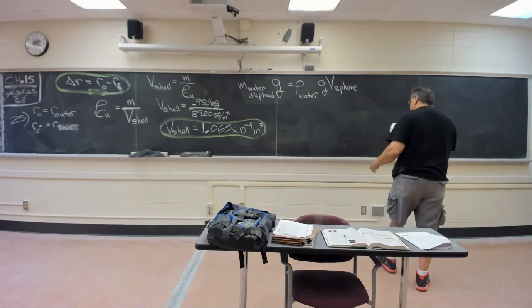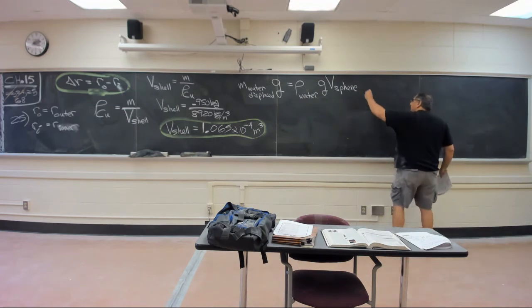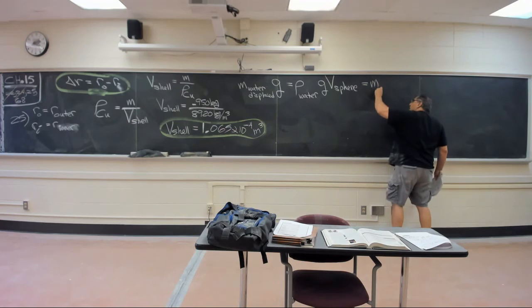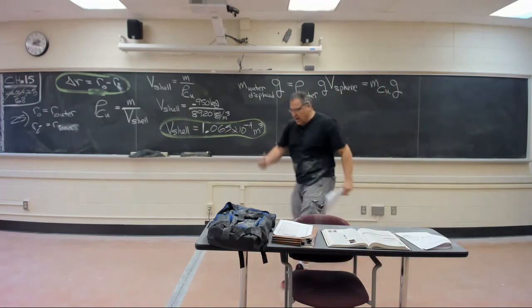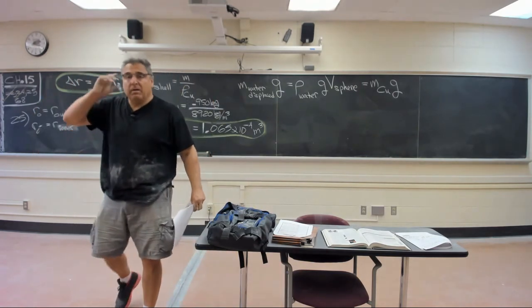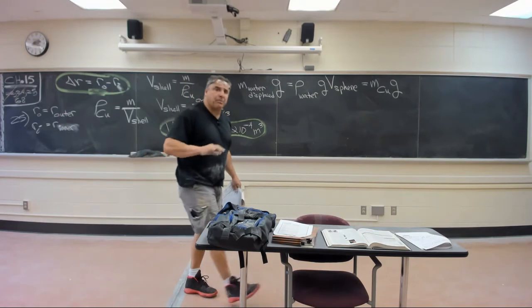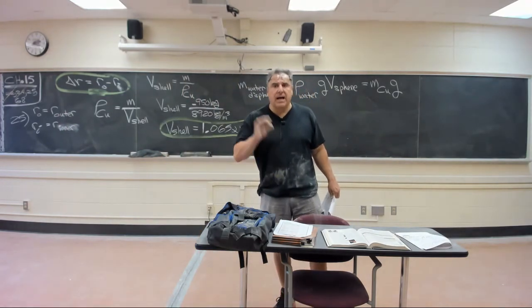And that's equal to, and this is the big thing, the mass of the copper, ladies and gentlemen. The mass of the copper shell times G is the weight of the copper shell.